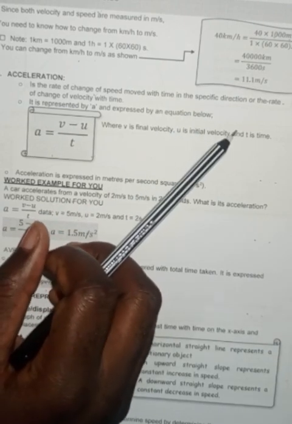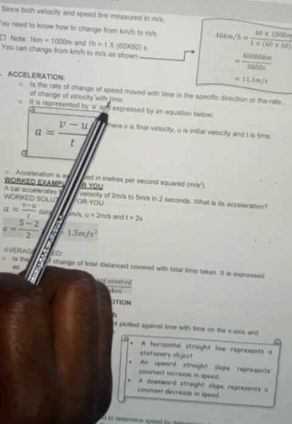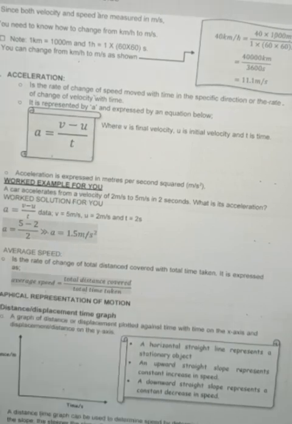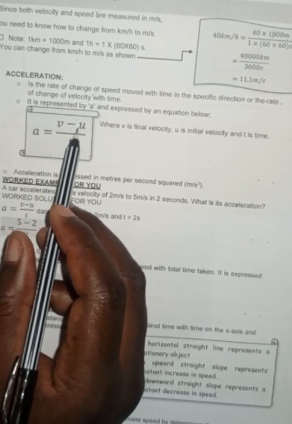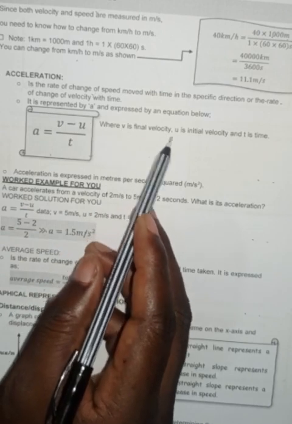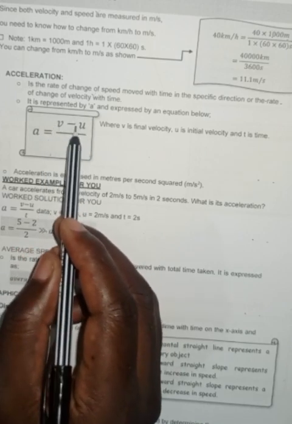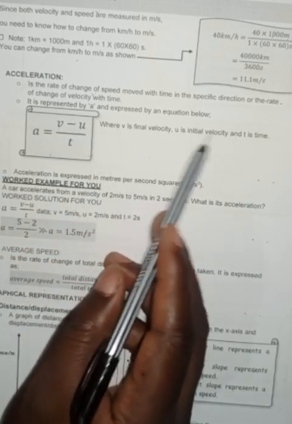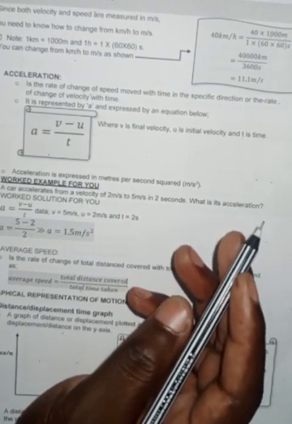Therefore, the formula for acceleration is acceleration is equal to final velocity minus initial velocity over time taken, where v is the final velocity, u is the initial velocity, and t is simply the time taken. Please remember also that acceleration is measured in meters per second squared.